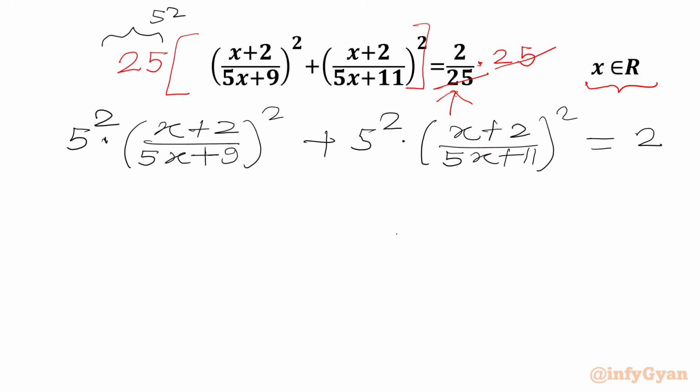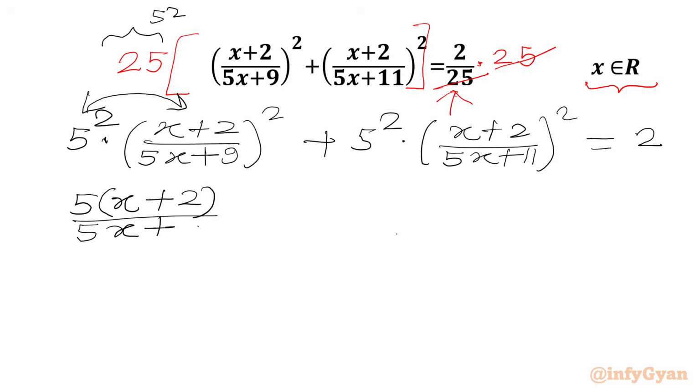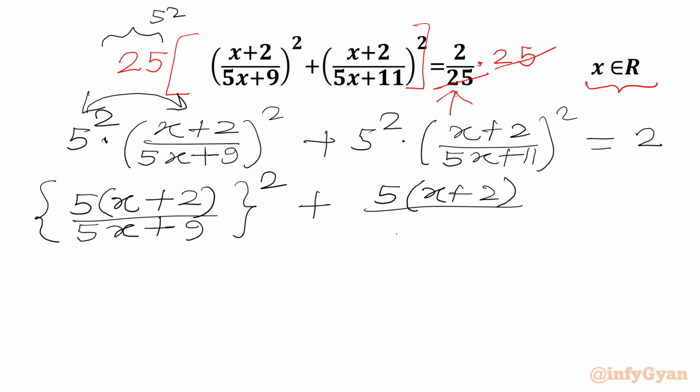Now we can multiply these numerators inside the squares. So I will write (5 times x plus 2 over 5x plus 9) whole squared plus (5 times x plus 2 over 5x plus 11) whole squared equal to 2.